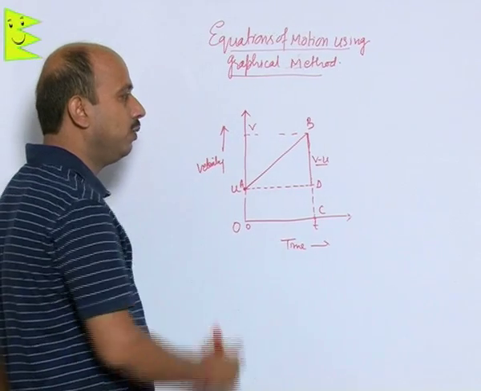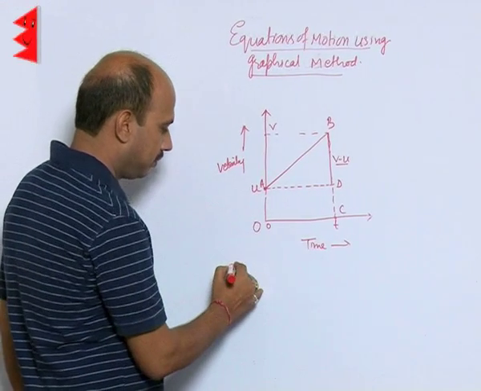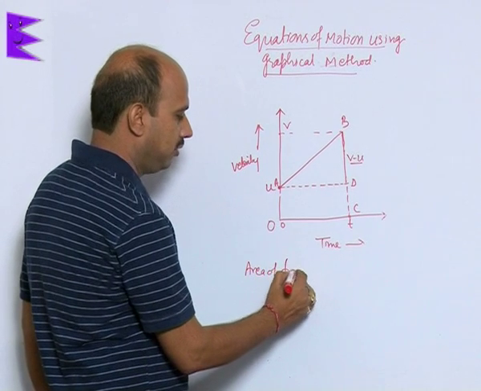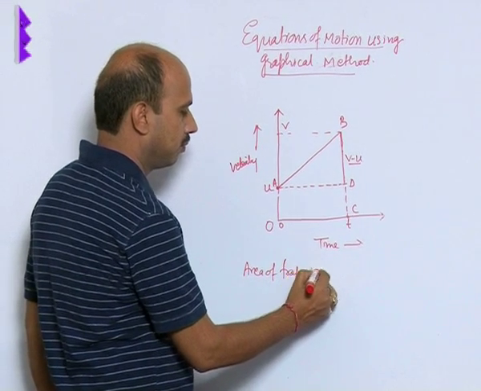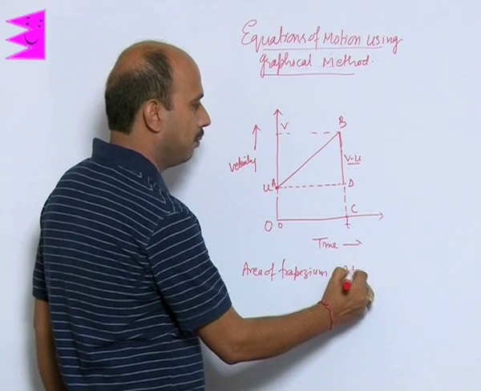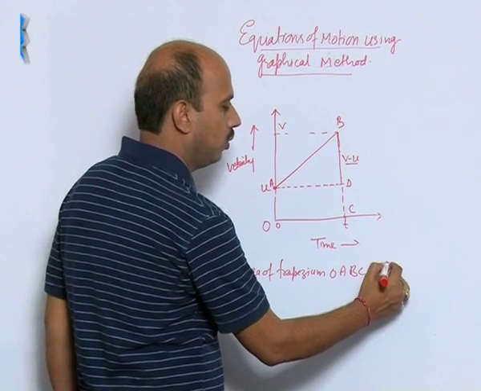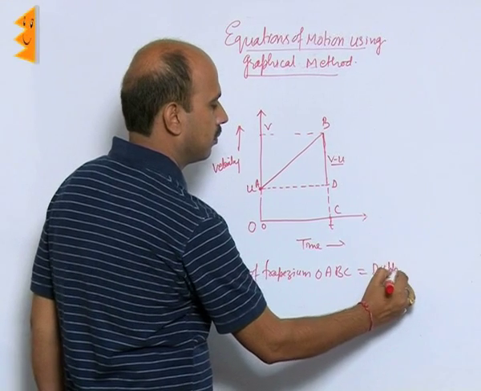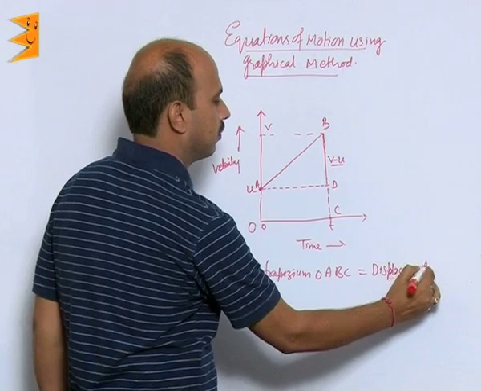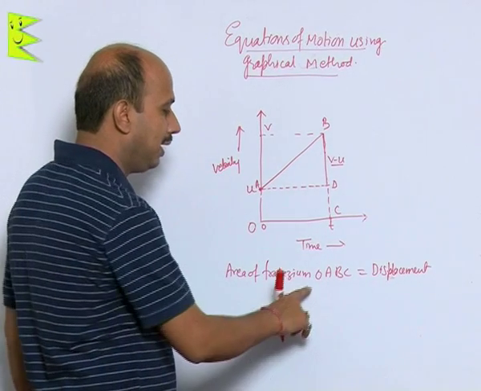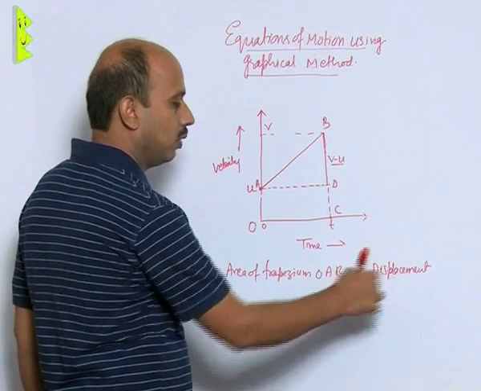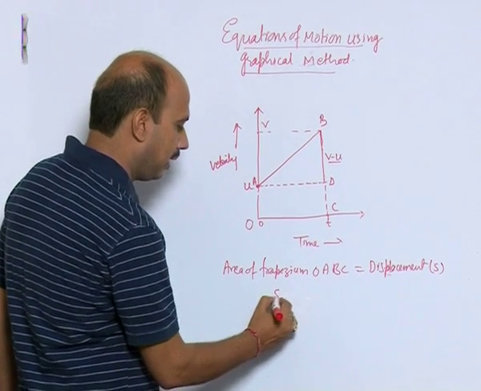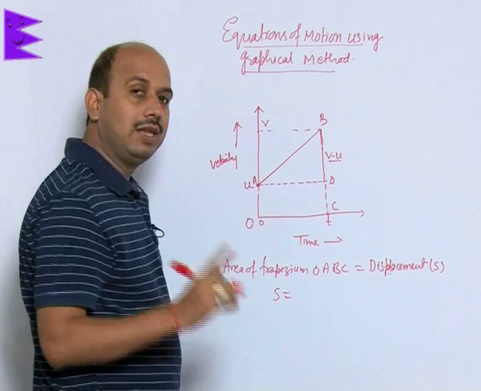Now for the third one, the area of trapezium OABC is equal to displacement, which we represent by S. What is the area of trapezium?